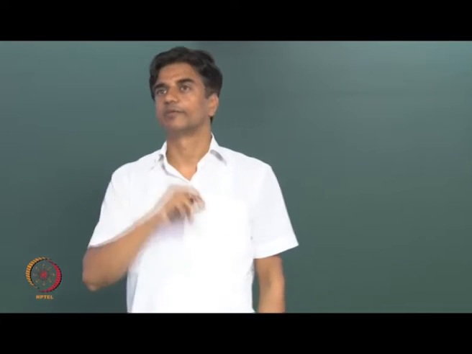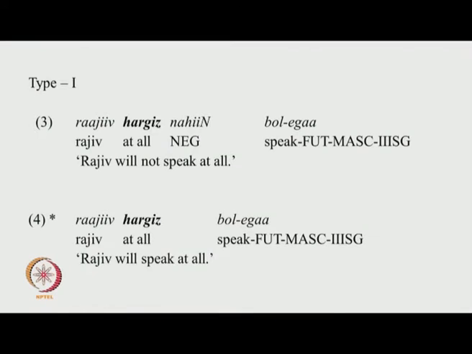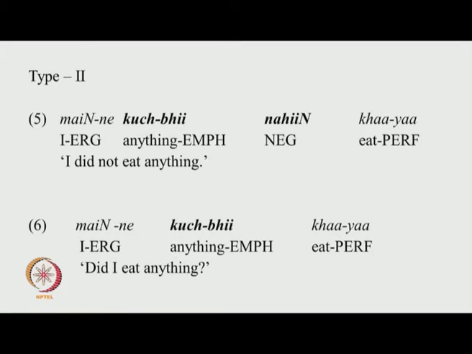I was going to discuss this a little later, but since you are bringing it in, let me talk about this. Do you see I have mentioned on the top type 1 and type 2? What that means is this distinction, that in one case we can put a star, that is in the case of type 1, and in the case of type 2 we are not able to put a star.